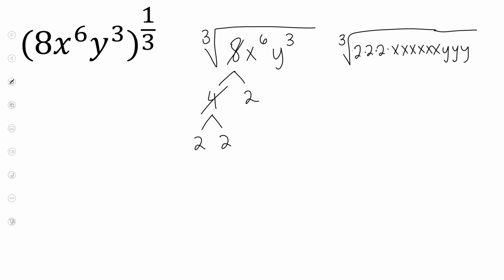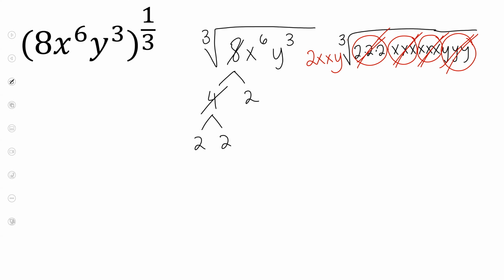Okay, so let's see what I will get. Here is a group of 3. Cross it out, put it outside. Here is a group of 3. Cross it out, put it outside. Here's a group of 3. Cross it out, put it outside. Here's a group of 3. Cross it out, put it outside. Okay, so guys, notice there's nothing on the inside anymore.